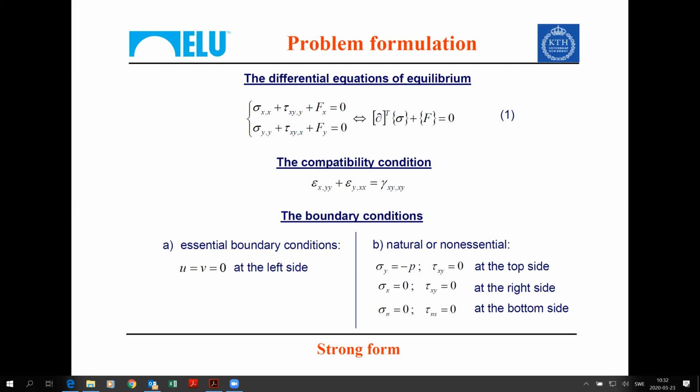The so-called essential boundary conditions, these are expressed directly in terms of the displacement, which are at the clamped edge of the left side of the cantilever. And we have natural or non-essential boundary conditions, which are expressed in terms of stresses, that is essentially derivatives of the displacement. So essential boundary conditions, natural or non-essential boundary conditions.